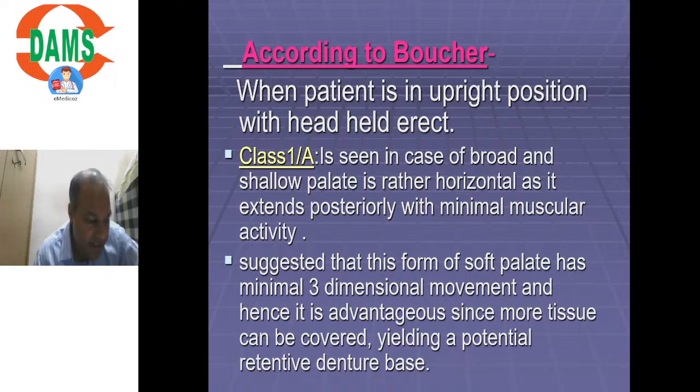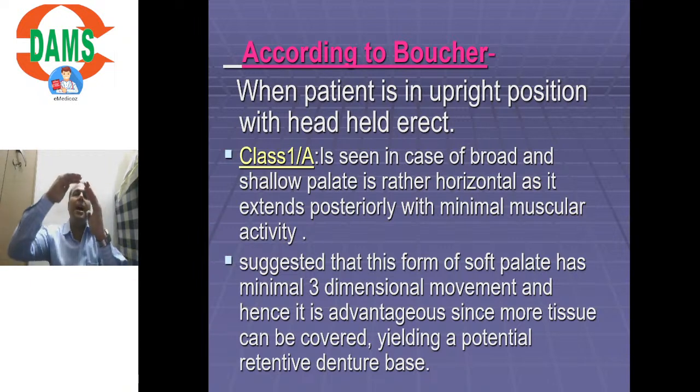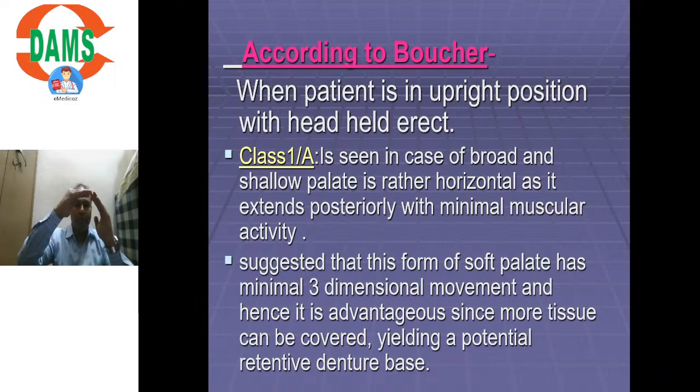Then there are various classifications according to Boucher. There is a class 1A. Remember, class 1, class 2, class 3 were classified by Boucher. The more the soft palate is in line with the hard palate, the more area of the PPS we get, with minimal muscular activity.